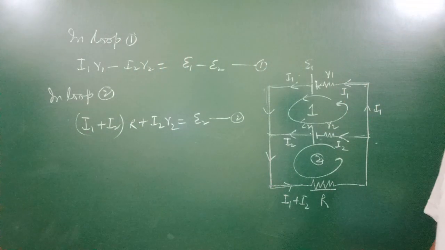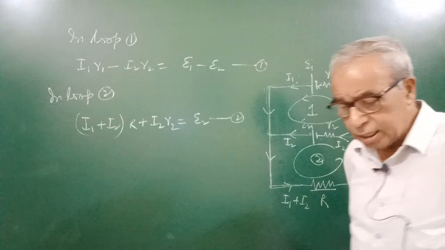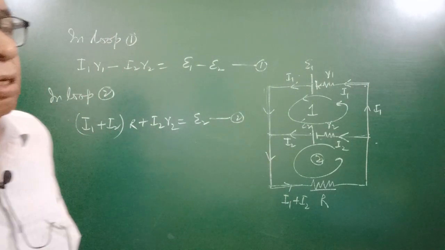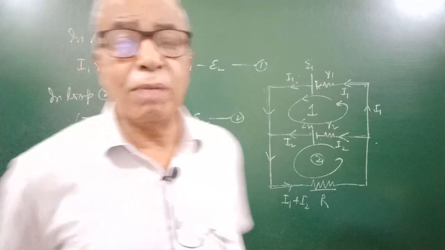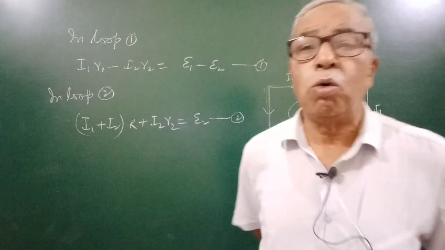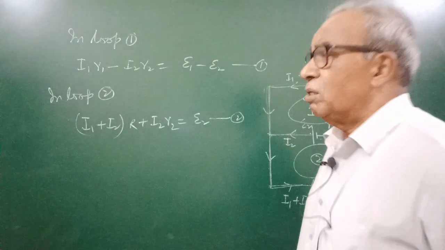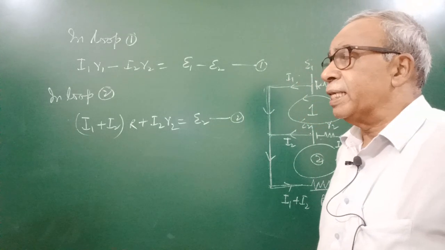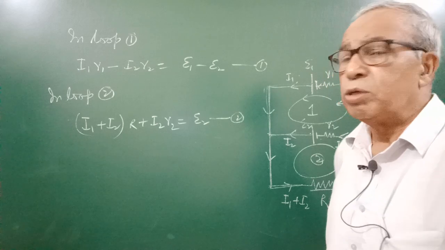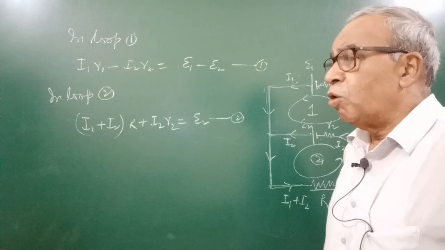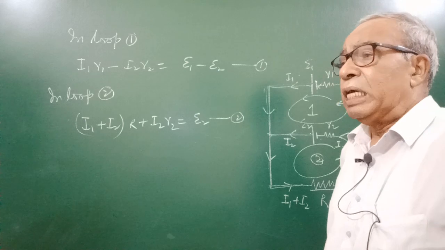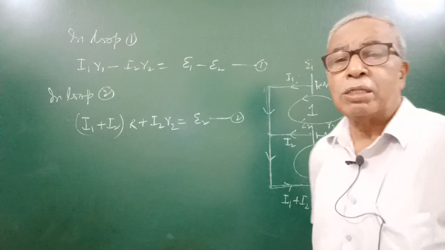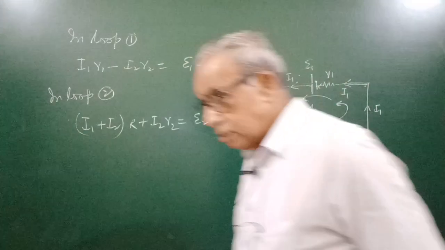So there are two rules regarding Kirchhoff's laws of elementary circuit. One is the junction rule, which states that the algebraic sum of all currents at a junction is 0, and second is the mesh rule: the sum of products of current and resistance in a closed loop is the total EMF. Don't get confused with sign convention. In the junction rule, currents coming to the junction are positive, currents going away from the junction are negative.